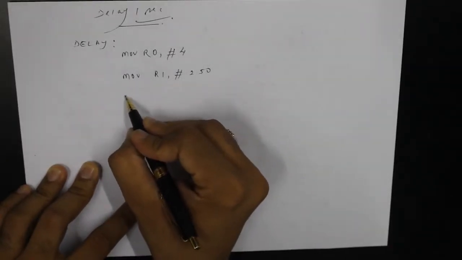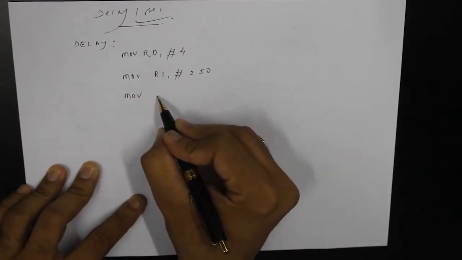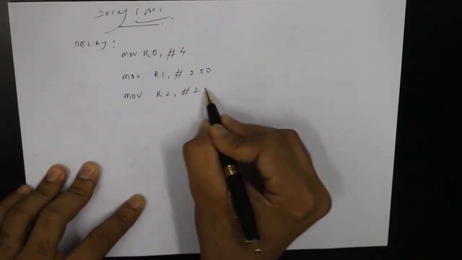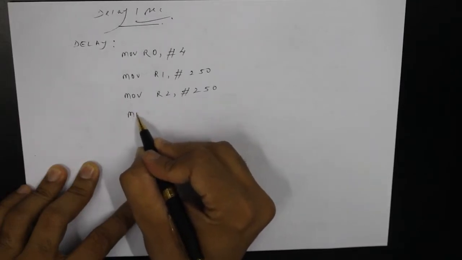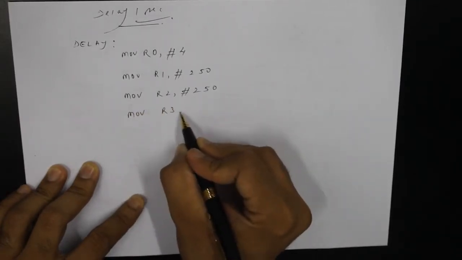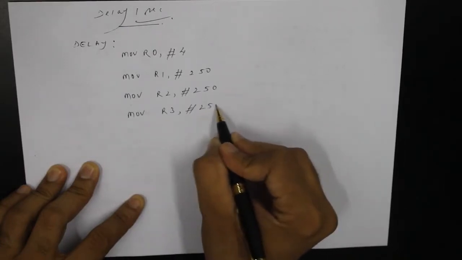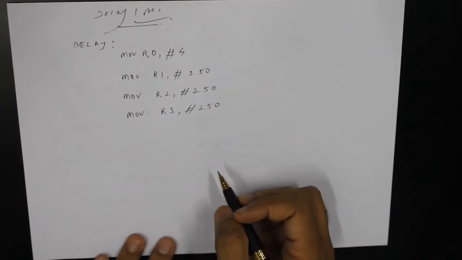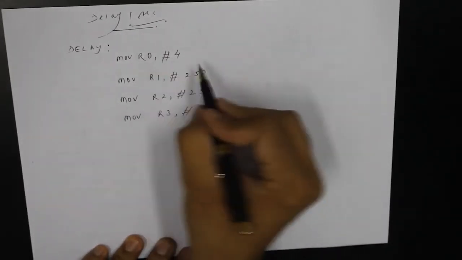And then I'm writing MOV R2, #250, and then I'm writing MOV R3, #250, right? So this is what I have written: R1, R2, R3, all three loaded with 250, and R0 loaded with 4.